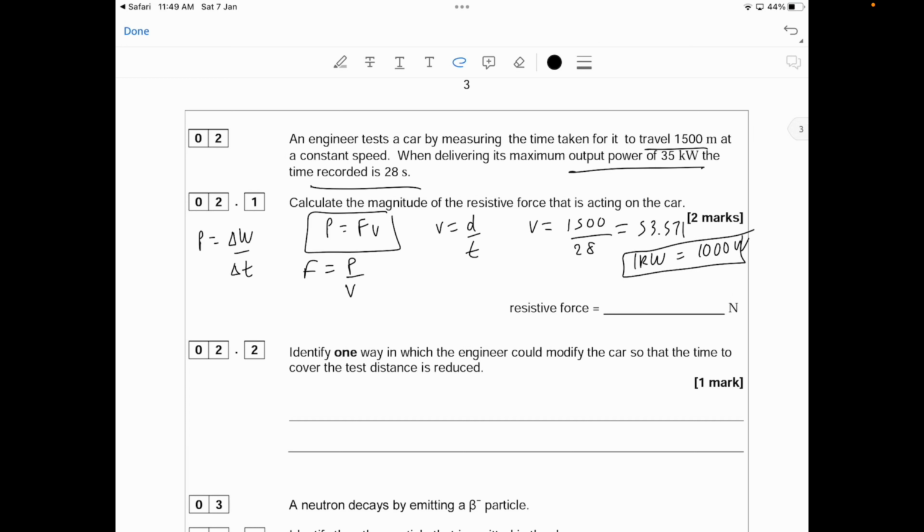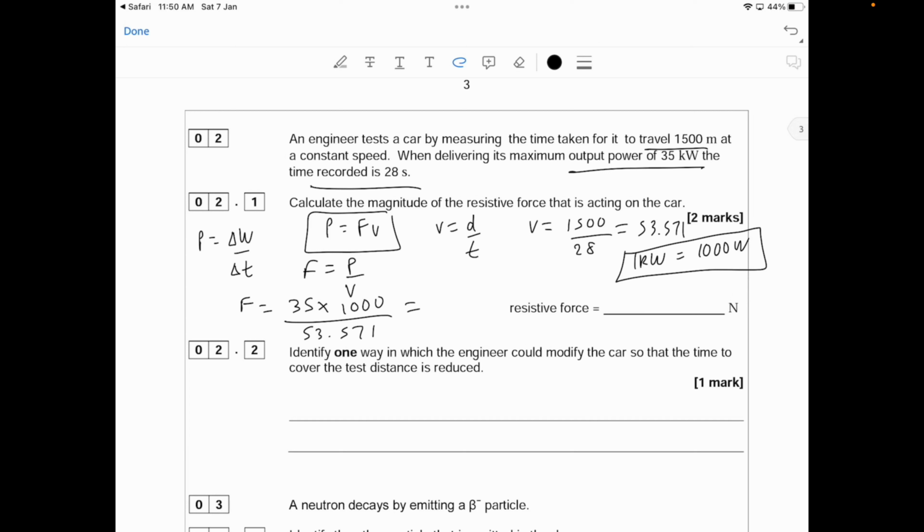So the force is equivalent to 35 times 1,000 watts divided by the velocity, which is 53.571. The reason we're doing 35 times 1,000 is to convert it in terms of watts. That's why we multiplied by 1,000 on the top.